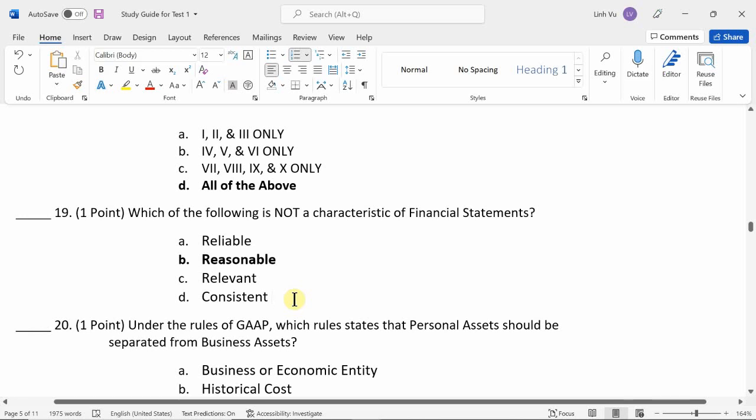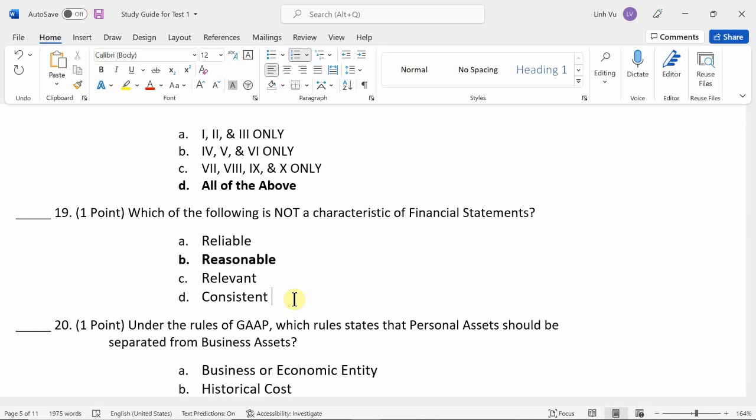It has to be reliable because we have our source documents to back up and have proof that a transaction has existed. It has to be relevant, right? In the same time period. I'm not going to put a transaction that happened 10 years ago because the value of the dollar 10 years ago is obviously different. But when we talk about relevancy, we're talking about relevant with the time.